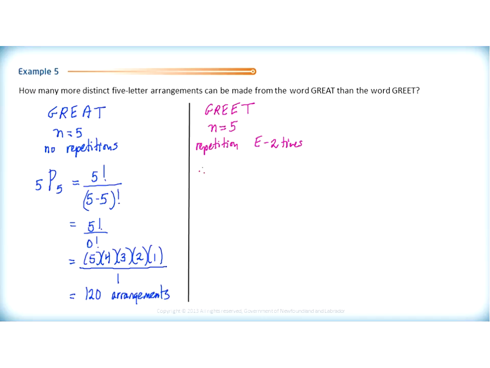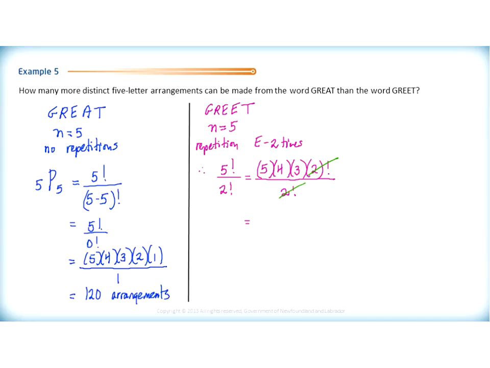So in order to calculate the number of permutations here, we will use 5 factorial divided by 2 factorial. That's equal to 5 times 4 times 3 times 2 factorial divided by 2 factorial. The 2 factorials will cancel.